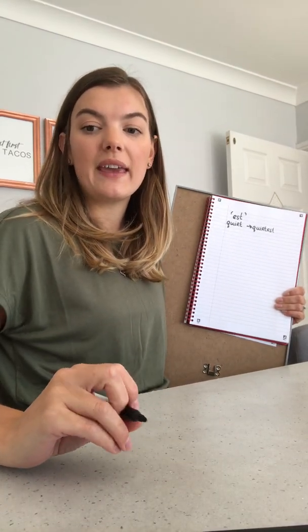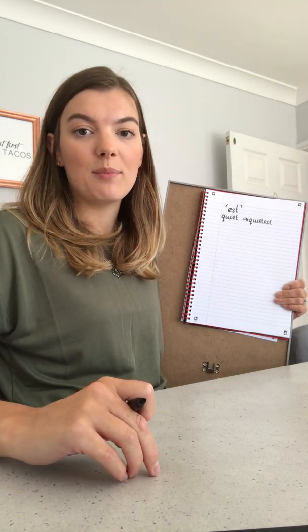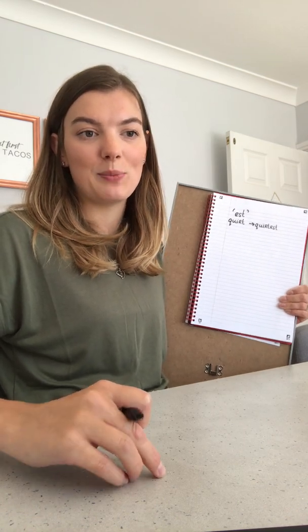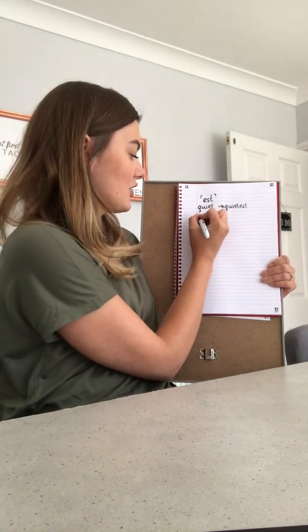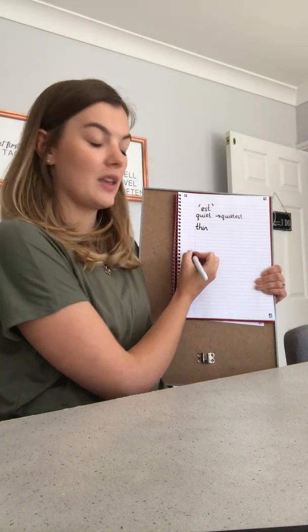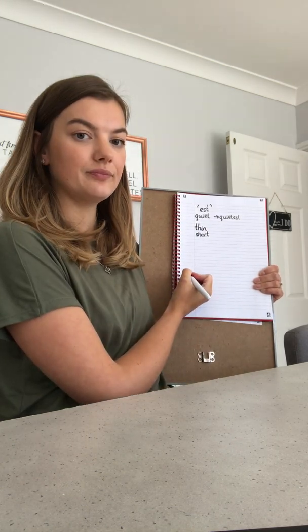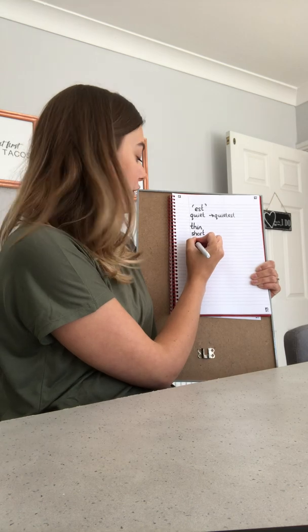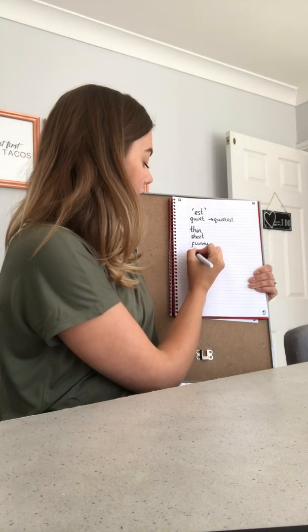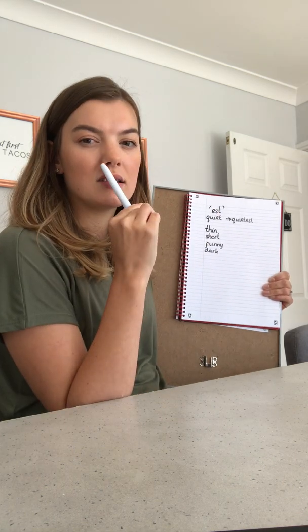So similar to the comparative adjectives, I'm going to write some words on my board and I'd like you to have a go at turning them into superlative adjectives. So your first word is thin. Your next word is short, funny, dark, and dull.